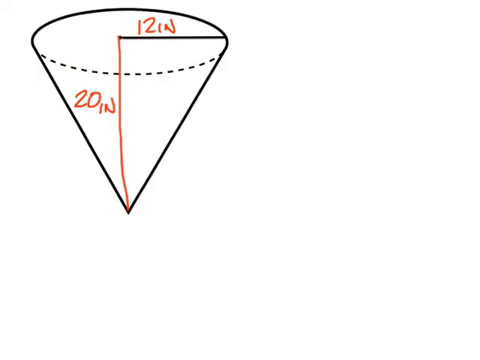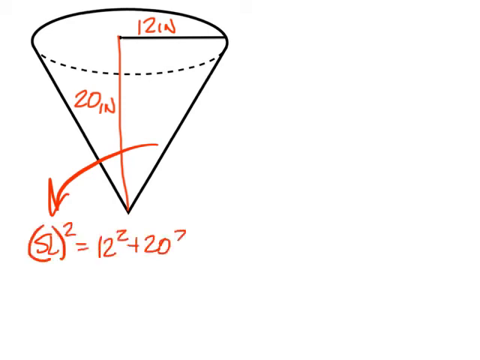Practice number 4. Find the surface area of the cone that has 12 inches for a radius and a height of 20 inches. Solution for the practice: first we must find the slant height, and the slant height squared is equal to 12 squared plus 20 squared.